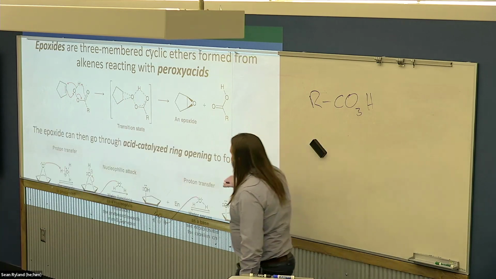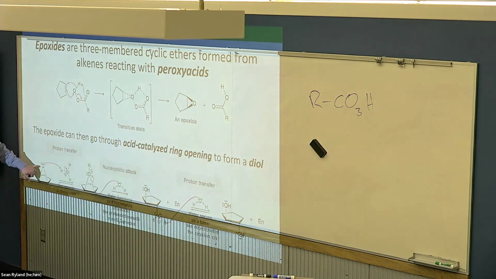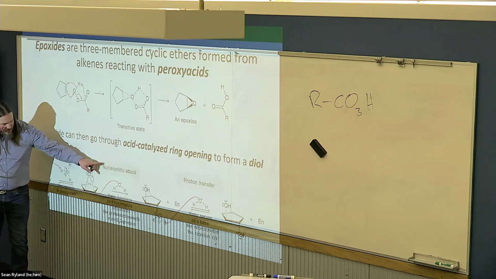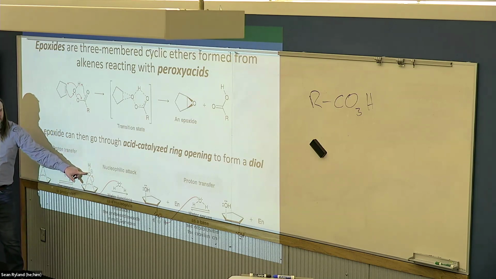And that second step of taking the epoxide and then doing the ring opening reaction, usually it's acid catalyzed. But basically, you're just going to do the same thing we did with the bromination. We protonate the oxygen first, so that it weakens the epoxide, because it makes the oxygen a better leaving group. And then we do a nucleophilic attack while the leaving group leaves at the same time.